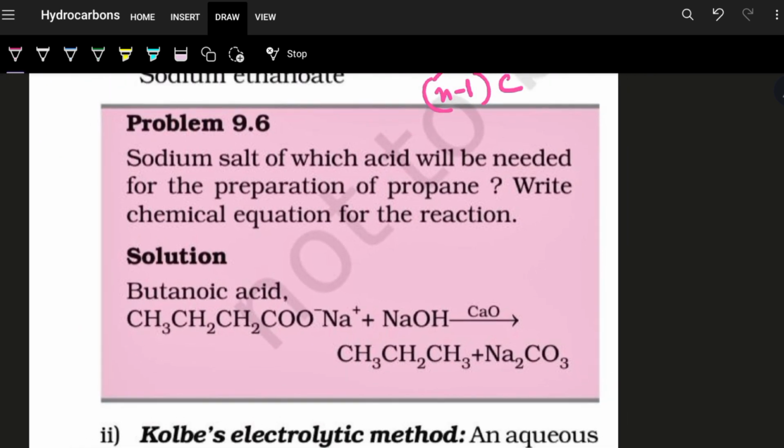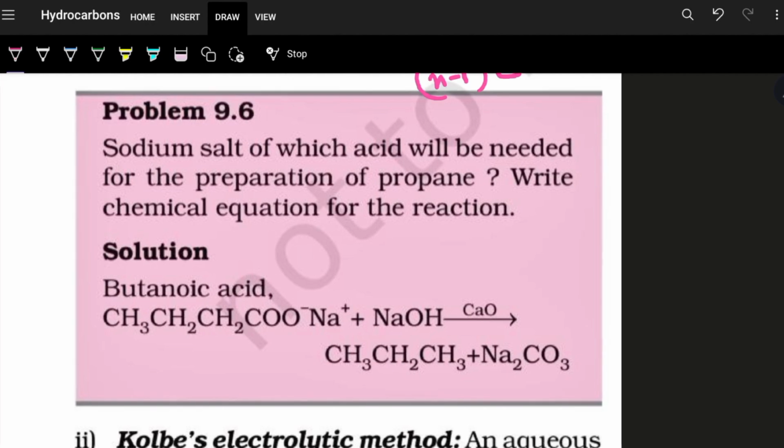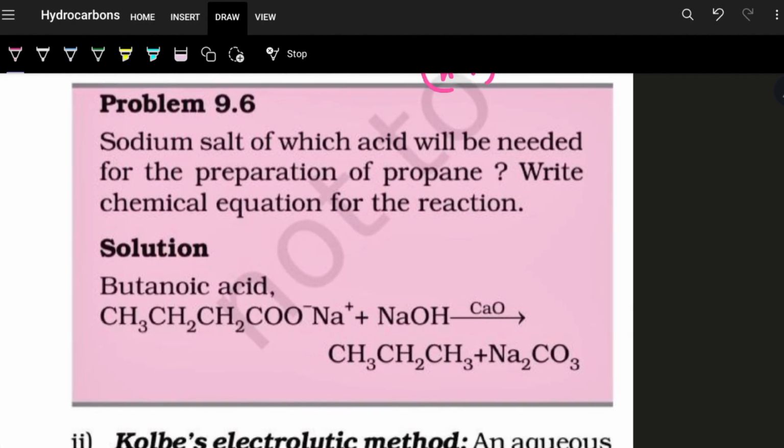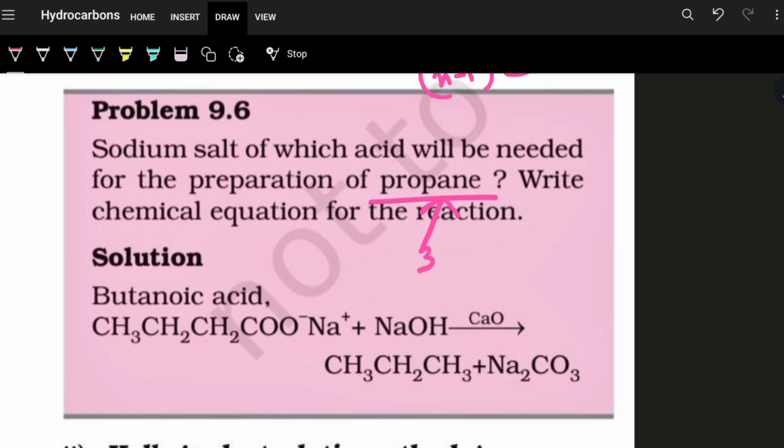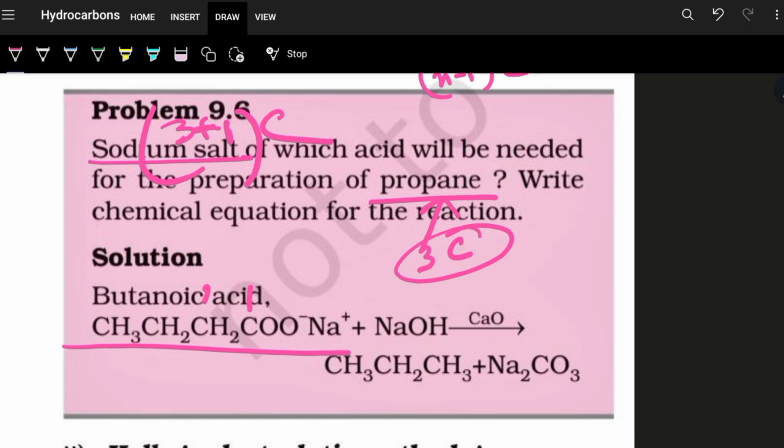Now, the sodium salt of which acid will be needed for the preparation of propane? How many carbon atoms are there in propane? There are 3 carbon atoms, so the starting acid should have 3 plus 1, that is 4 carbon atoms: 1, 2, 3 and 4, with COO minus.